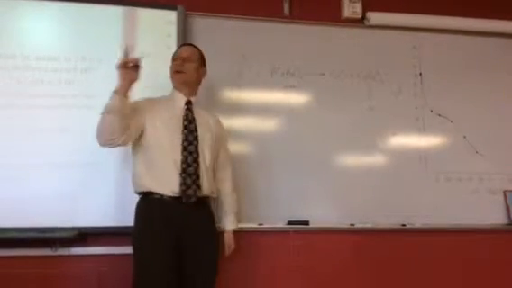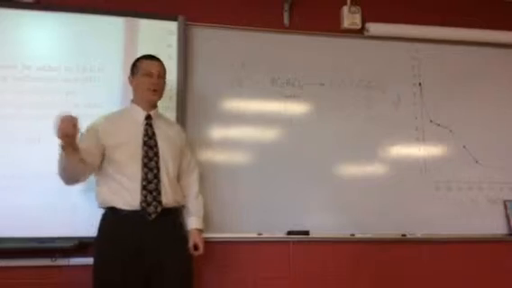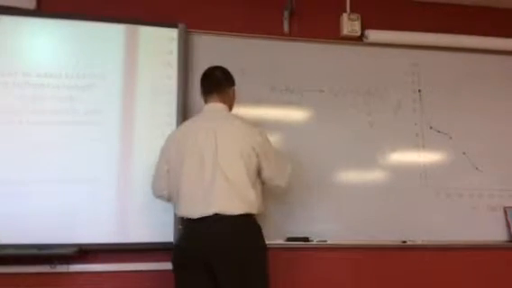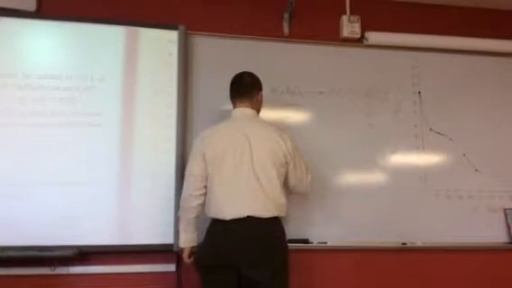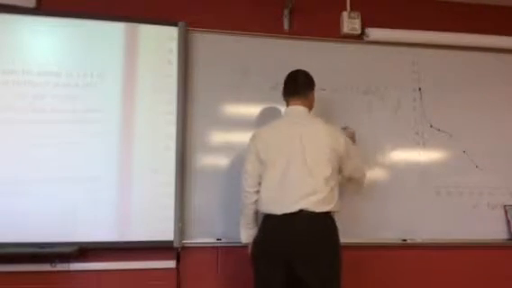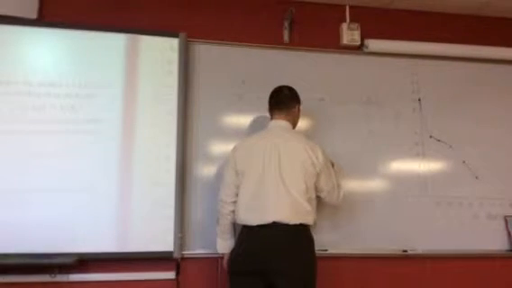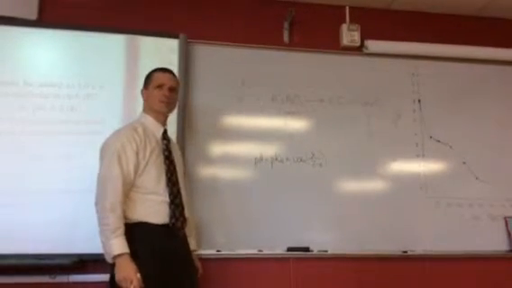So now, because all 3 of these are buffered, for all 3 of them you're going to use the buffer equation. pH, which is given to you, equals pKa plus log of the base over the acid. That's not actually that bad, is it?